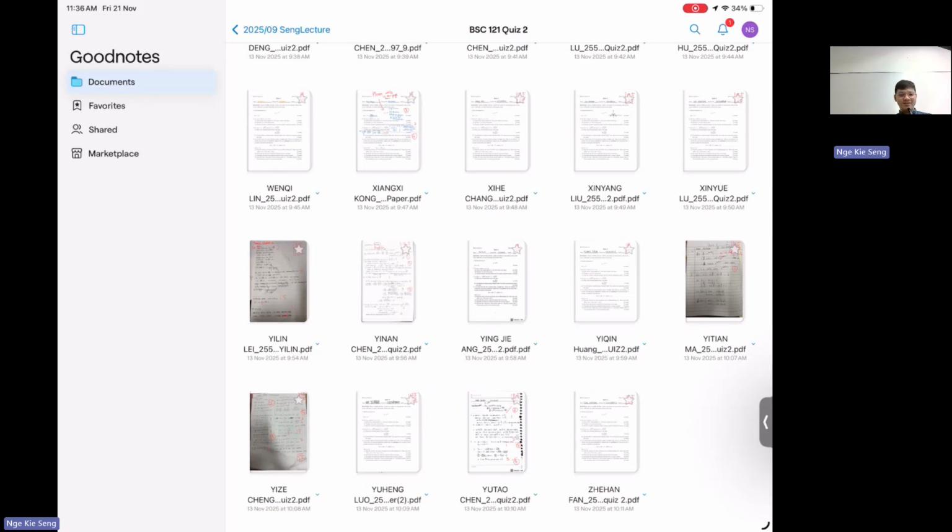Everyone would have to get 20 so that the average is 20. Okay, the average is 16.77. Last time was 15.44. So I can see that the results have improved for most of you. And some of you, due to non-submission, still get 0.